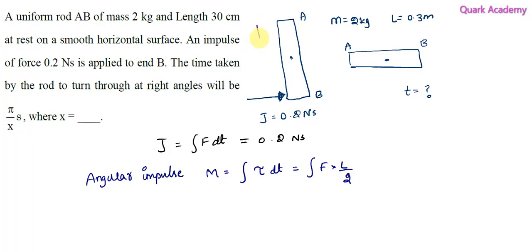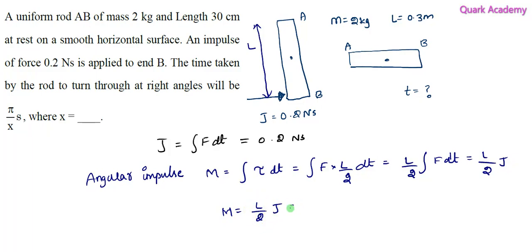You see the overall length of the rod is L and the distance between the axis of rotation and the point in which we apply the force or the impulse is going to be L by 2. So that's why F into L by 2 dt. Now I can take this L by 2 outside. This will become F dt, which is nothing but the impulse. So I can write L by 2 times J. So the angular impulse becomes L by 2 times linear impulse.